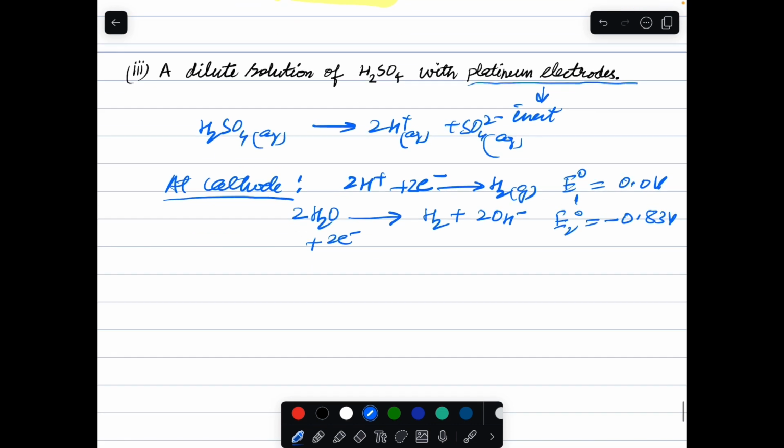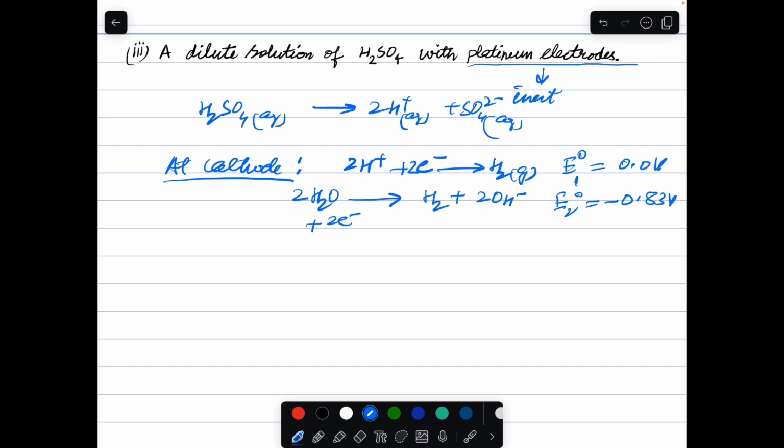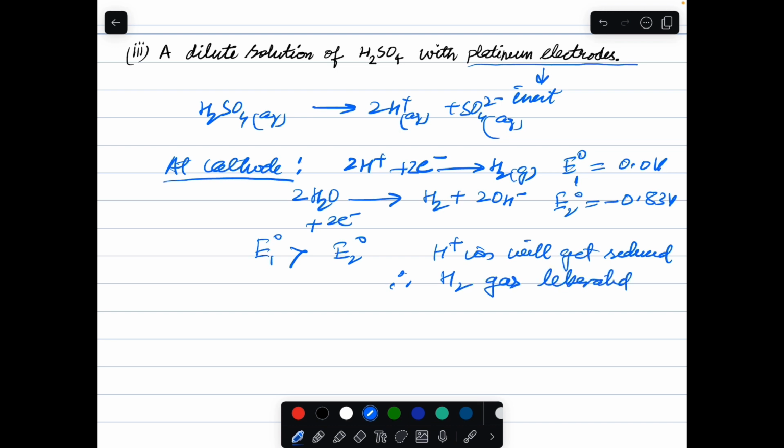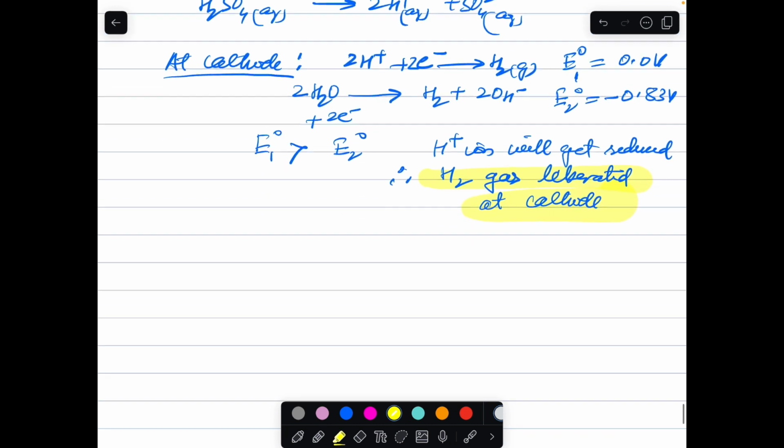So in this case, how we are relating, your E1 naught is greater than E2 naught. Therefore H plus ion will get reduced, and therefore we will get H2 gas liberated at cathode. In this case H2 gas will be liberated at cathode.